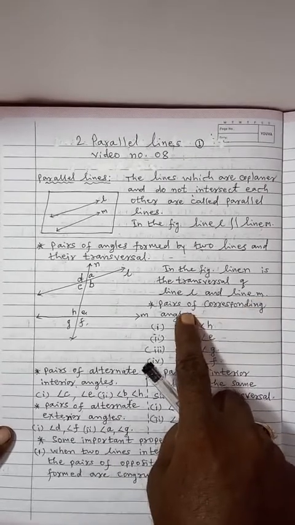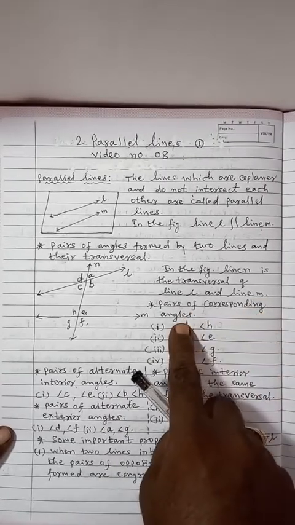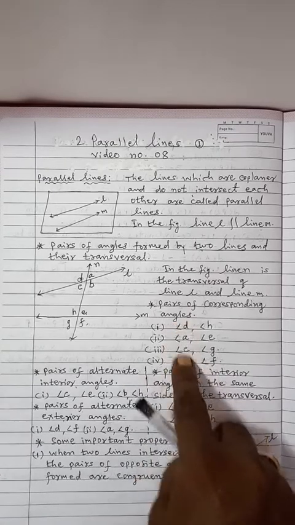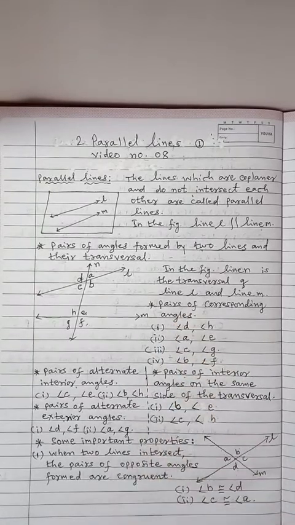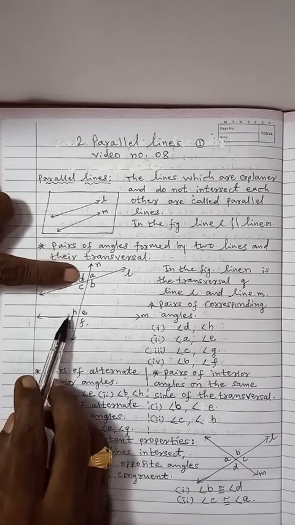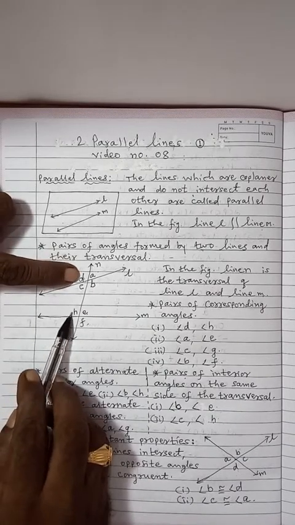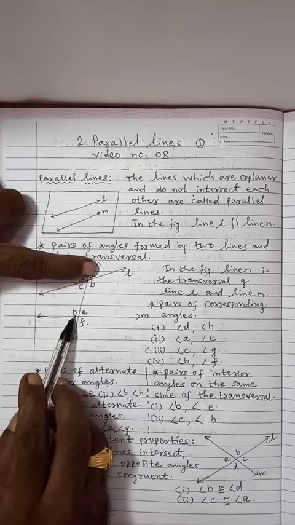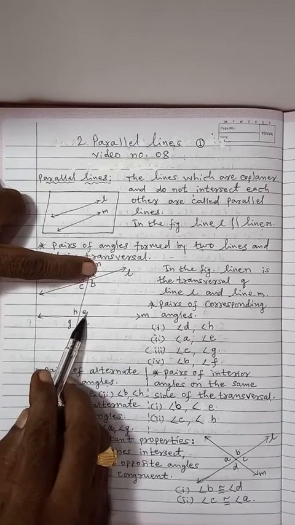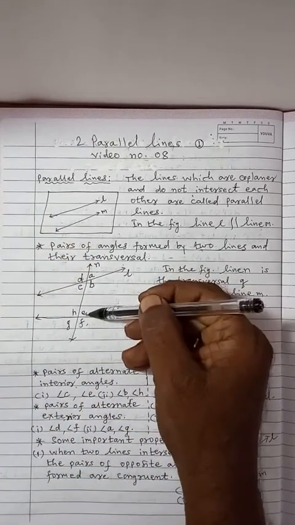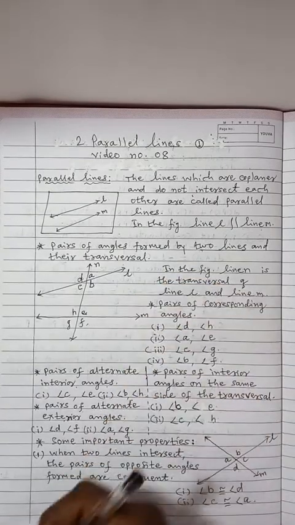Now we will see pairs of corresponding angles. There are four pairs of corresponding angles. Which are those? First one, angle D and angle H. These are the two corresponding angles. These angles are above the line. Then A and E, this is the second pair of corresponding angles.